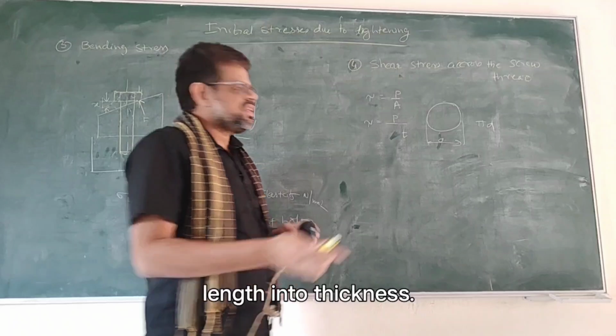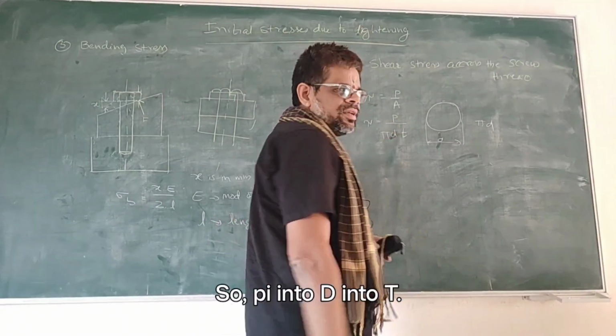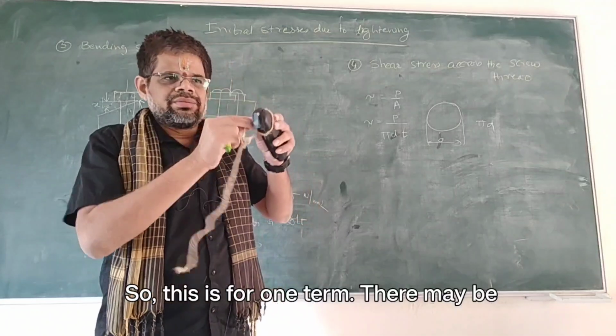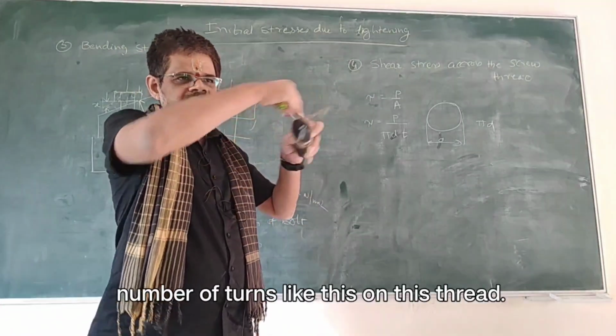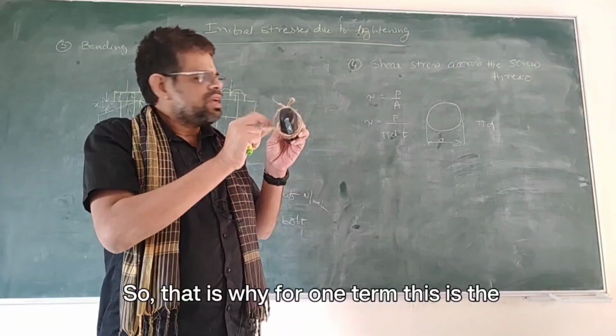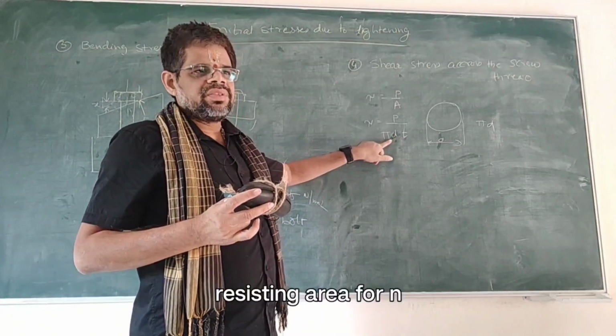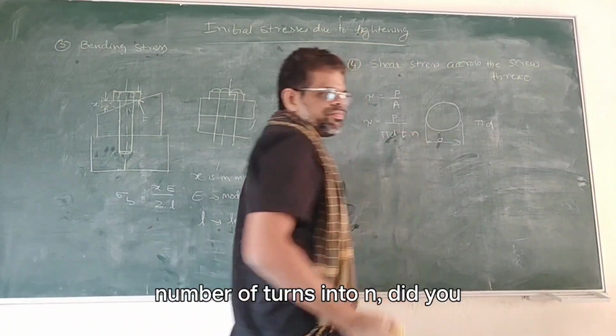So that length into thickness, so pi into d into t. So this is for one turn. There may be a number of turns like this on this thread. Then only the screw is formed. So that's why for one turn this is the resisting area. For n number of turns, it is multiplied by n.